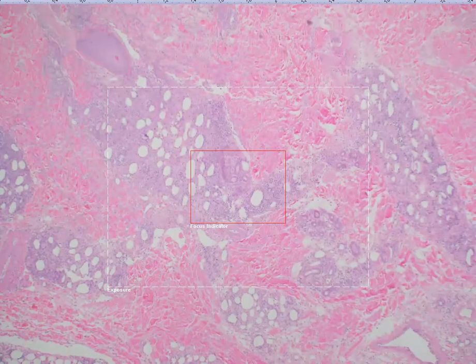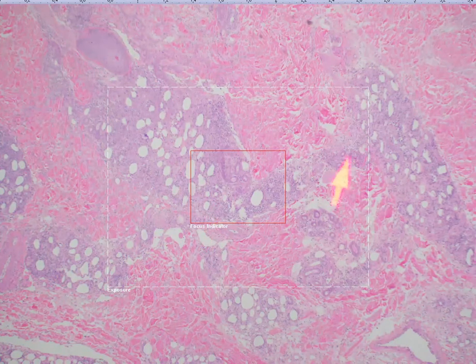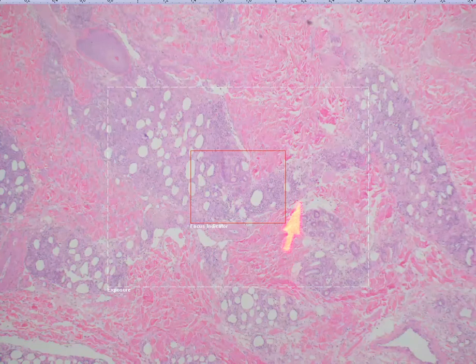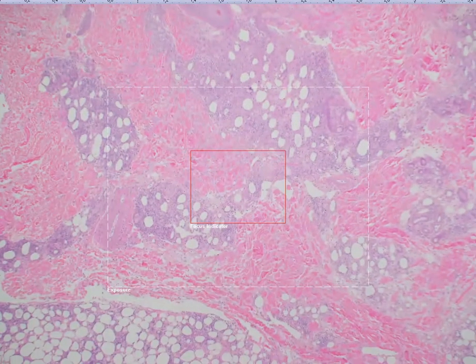And you can see involvement of the periappendigeal subcutaneous fat, because these are eccrine glands, and the subcutaneous fat surrounding these adnexal structures is involved with this infiltrate.